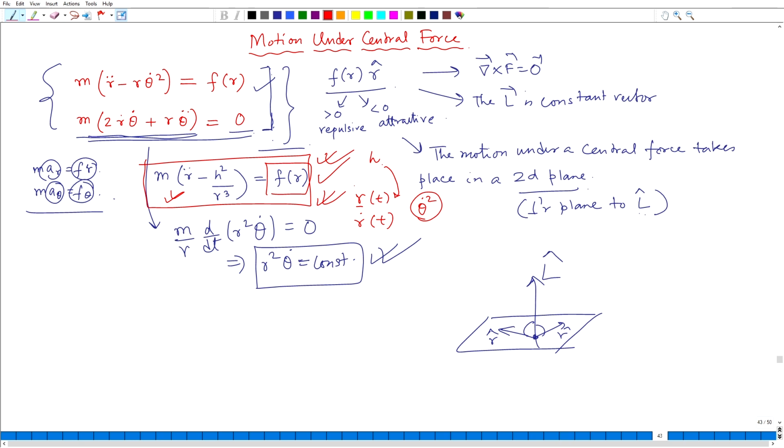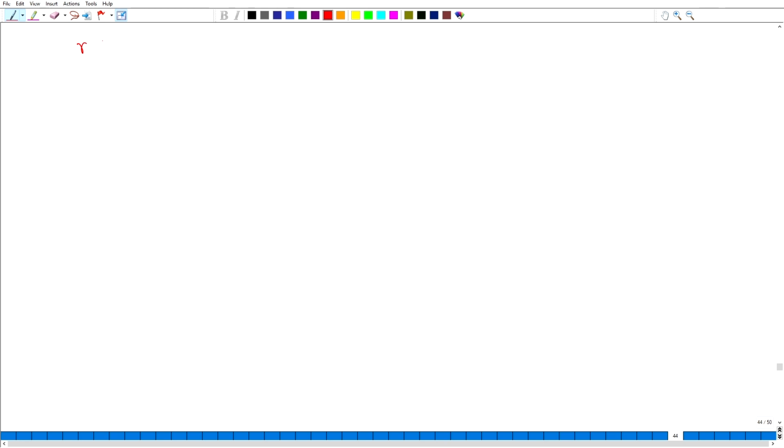For that we have to just find the relation of r and theta, or we say that orbit is nothing but r as a function of theta or theta as a function of r. Okay. So, just exactly like in an xy plane, orbit is nothing but a function having the constraint relating x and y.